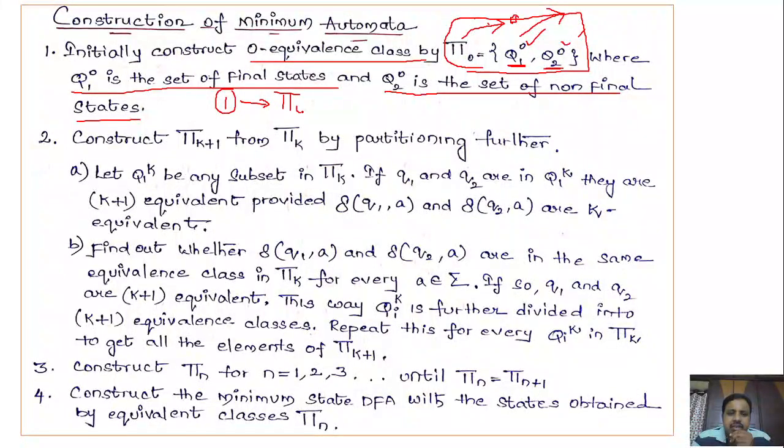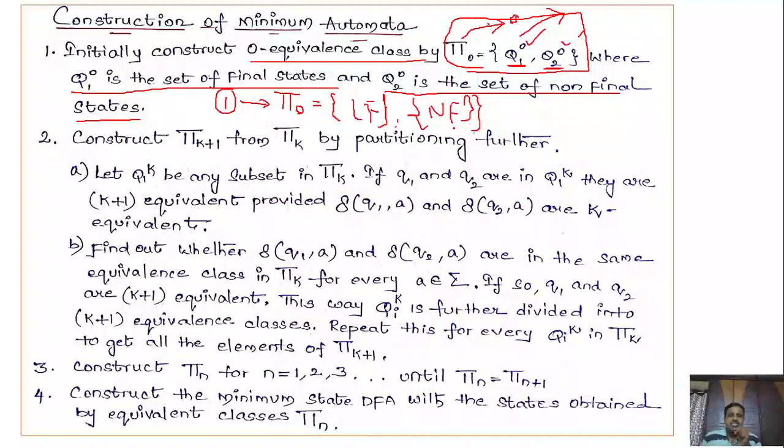It is nothing but two sets of states: one is the set of final states, and the next one is the set of non-final states. So we have to first divide the states into these two sets. That means we are partitioning the sets.